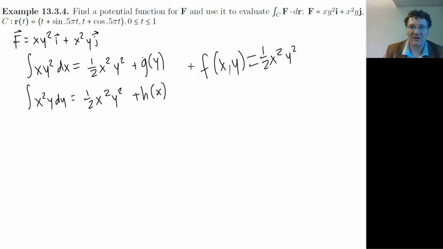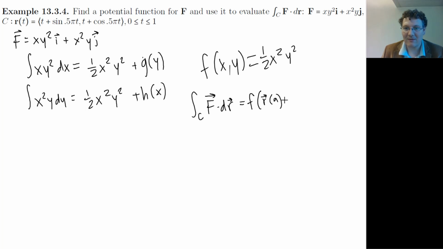Now to evaluate the integral over C of f dot dr, by the fundamental theorem of line integrals, this is f of r of b minus f of r of a.